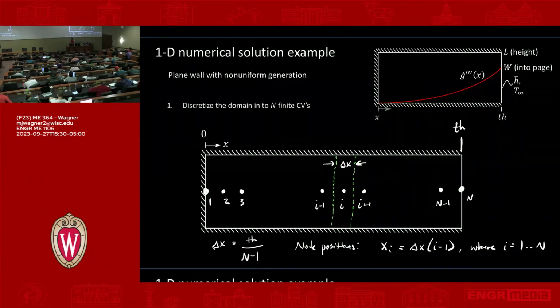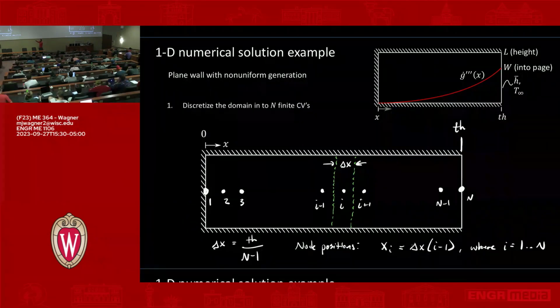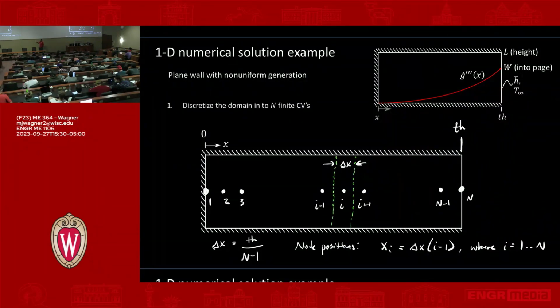All right, so I'm creating this set I. So I is an index within the set from 1 to n. This is 1, 2, 3, so on. And I take that value, whichever value of I, plug it in here, and that gives me the position x sub I.